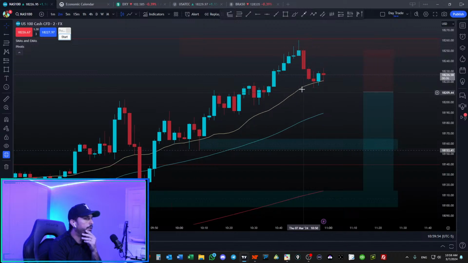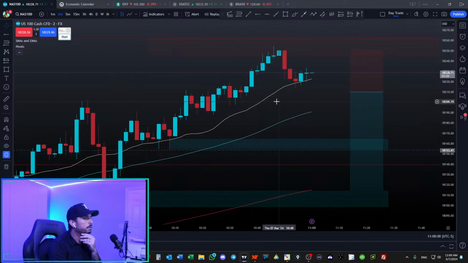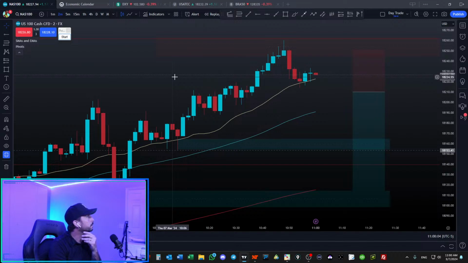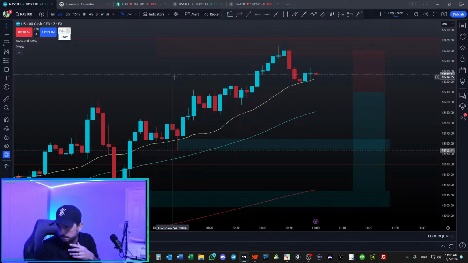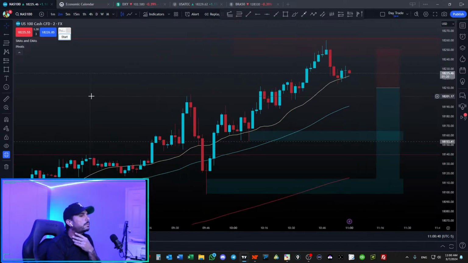Let's give it a little, let's see if it gives us a nice entry candle here like this one. See.